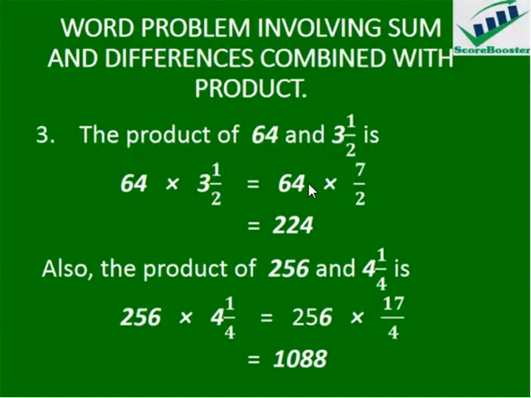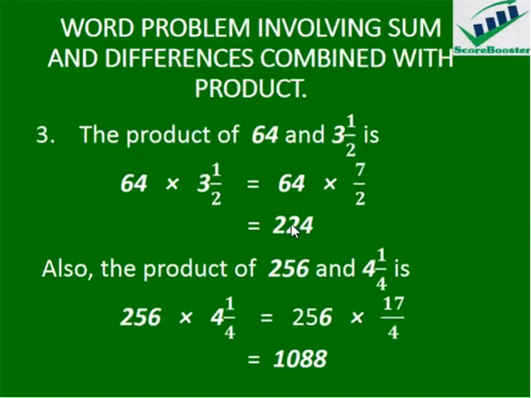You have 2 multiplied by 3, 6, 6 plus 1, 7 over your old denominator, which is 2. So 2 here into 64 will give us 32. Or you say 64 multiplied by 7 over 2, you get 224. That is the product of 64 and 3.5.